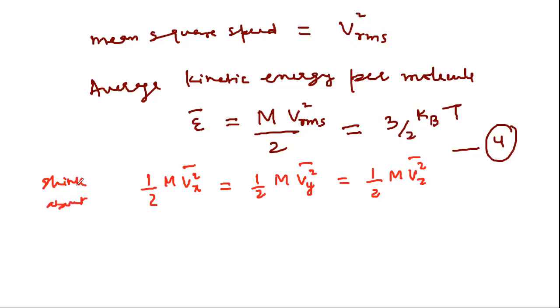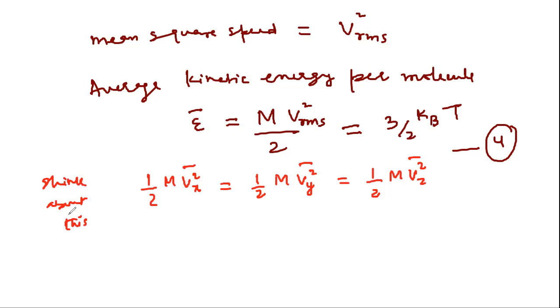I'm saying since the gas molecules are not preferentially moving in any direction, gas is isotropic, gas has no net velocity, that means the average kinetic energy along x is the same as along y, same as along z, they're equal.